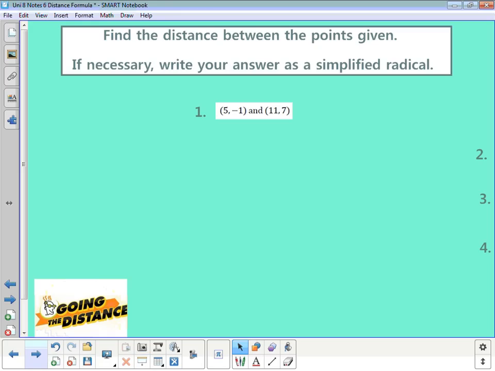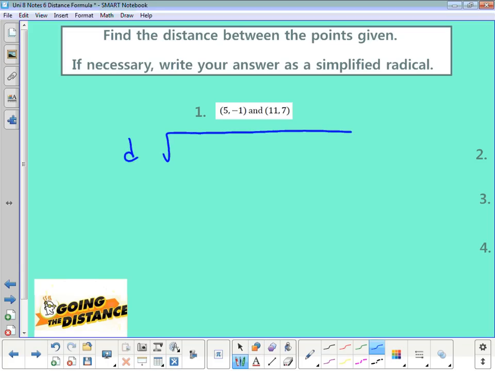In number 1, I have the 2 points (5, -1) and (11, 7). I'm going to plug those into the distance formula. My distance is going to equal the square root of the difference in the x's, so 11 minus 5 squared, and then the difference in the y's, so 7 minus -1 squared.